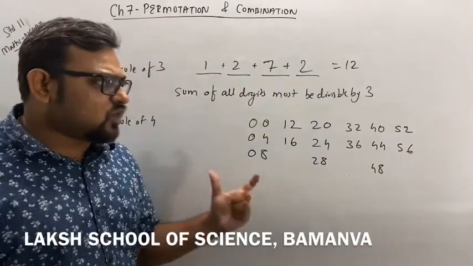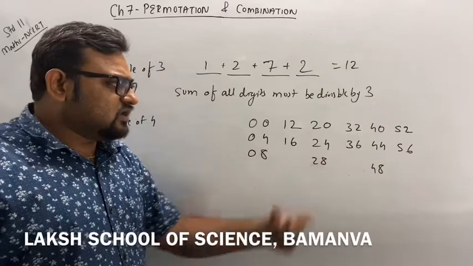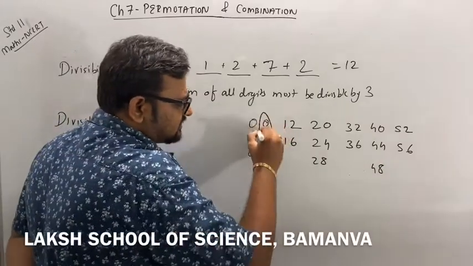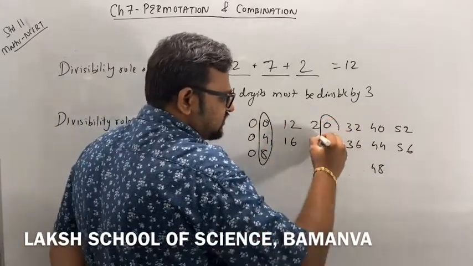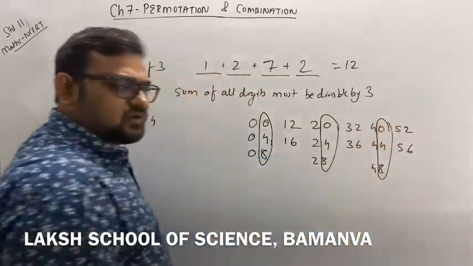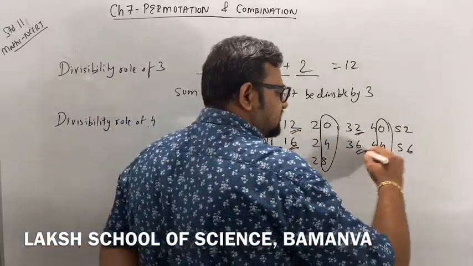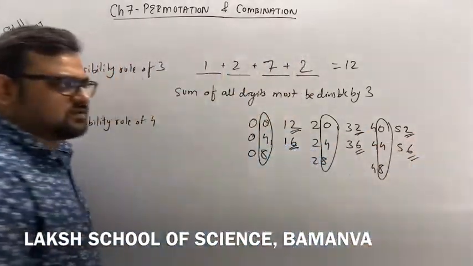Now see, these are the divisible multiples of 4. When I observe, the common thing is 0, 4, 8, 0, 4, 8, 0, 4, 8. Clear? And this is 2, 6, 2, 6, 2, 6.